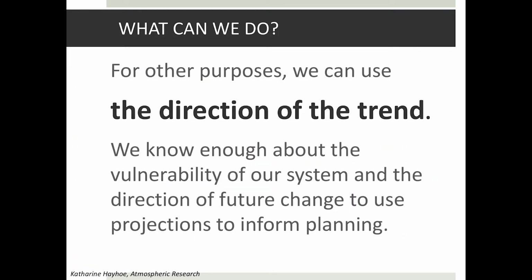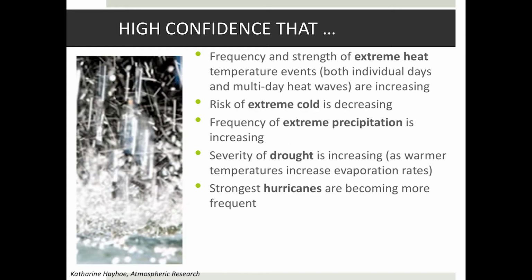For other things, there's really robust trends like the ones that Kathy and I have shown for temperature. And some of the results from, for example, the National Climate Assessment tell us that we have high confidence in these projections of extreme heat or decreasing cold or extreme precipitation for parts of the country and so on.